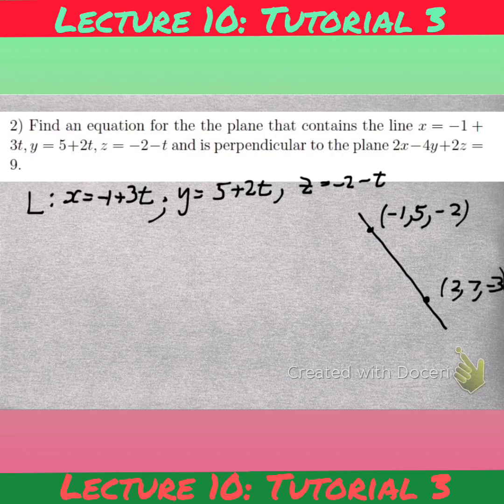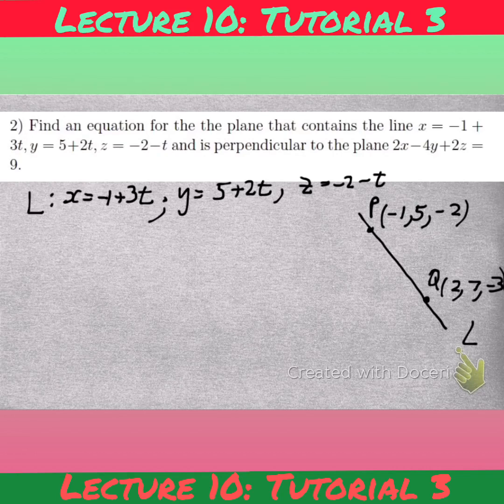Okay, right. So there you've got your 2 points. Call that P and Q, and that's the line L. You got P by making t 0, and you got Q by making t 1.